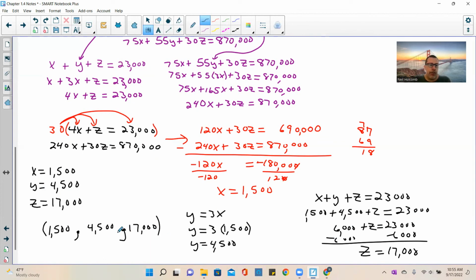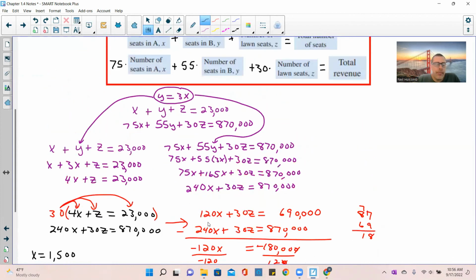So there's the answer if you wrote them all out. These are commas, but I don't like to write commas when I have numbers that are so big, because then you think that it's x, y, z, a, b, c, whatever. Anyway, there are 1,500 seats in section A, 4,500 seats in section B, 17,000 lawn seats.